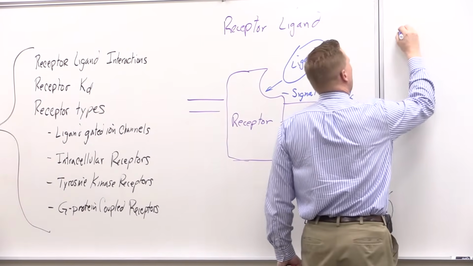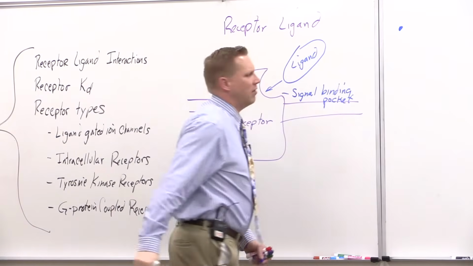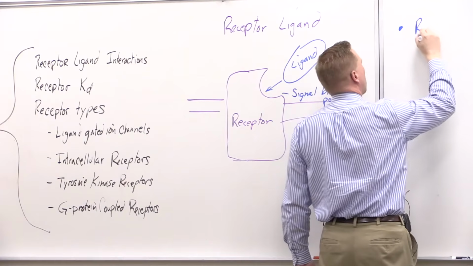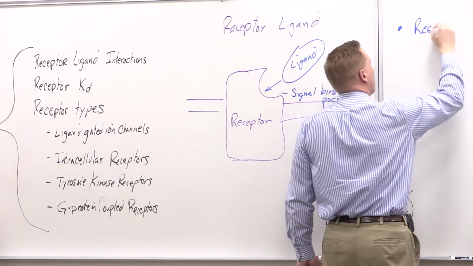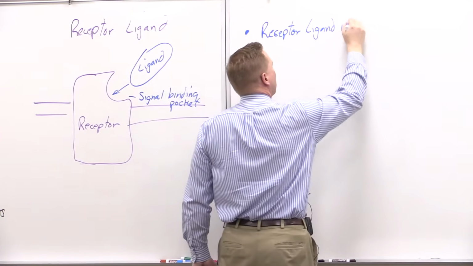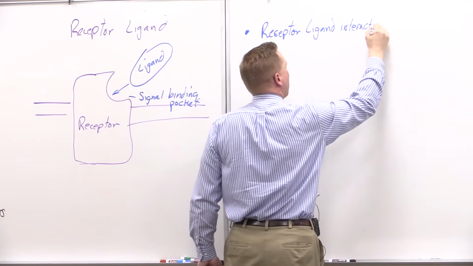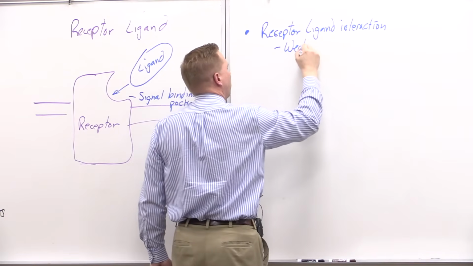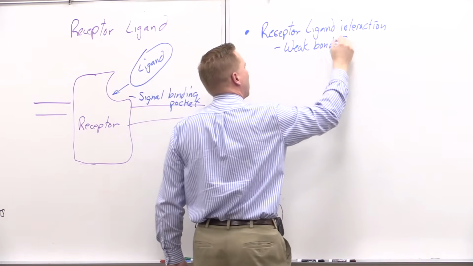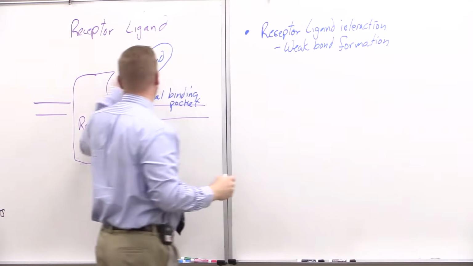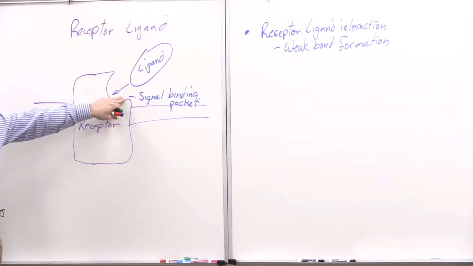There are a couple of notes that we want to have in there. The receptor-ligand interaction is based on weak bond formation. That ligand is going to come in here, and it's going to be held in that binding pocket with weak bonds.